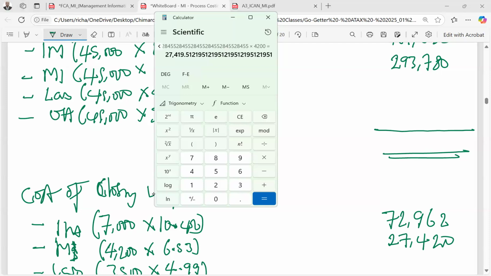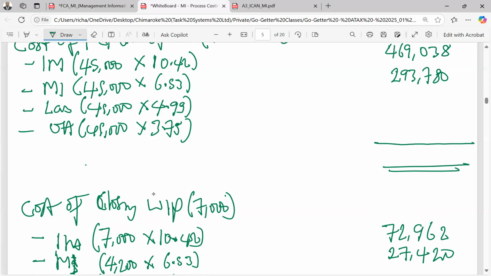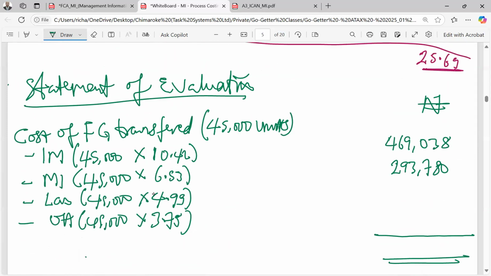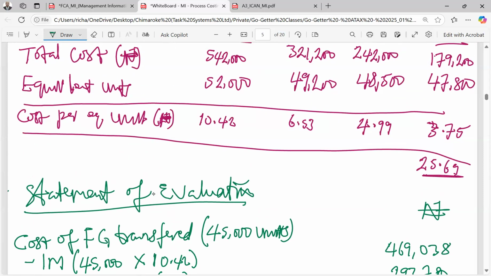Yeah. So let's go to how the third one was derived. This 4.99, how did we get it?